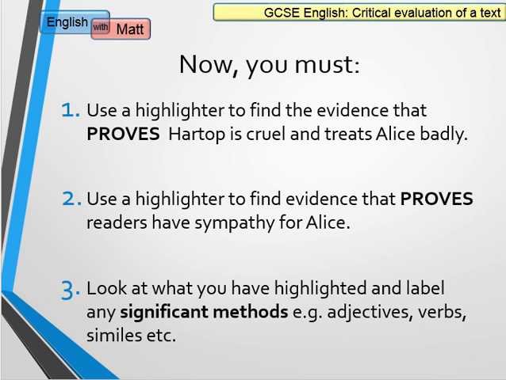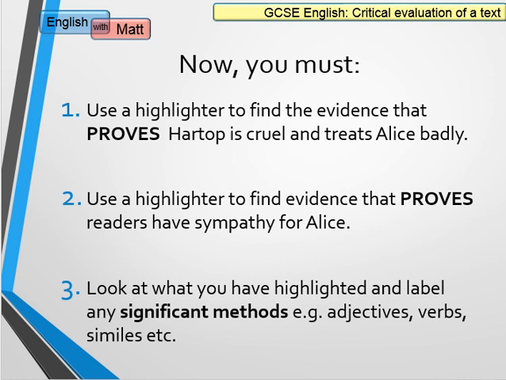Okay, so as I said, there are 3 steps to this process. First, you need to find the evidence to prove that Hartop perhaps can be seen as cruel and treats Alice badly. Your evidence can also be to do with finding that we have sympathy for Alice in her response to her father. But now that you have highlighted those quotes, and remember it's 20 minutes, so you can't highlight everything, you've got to be very selective.